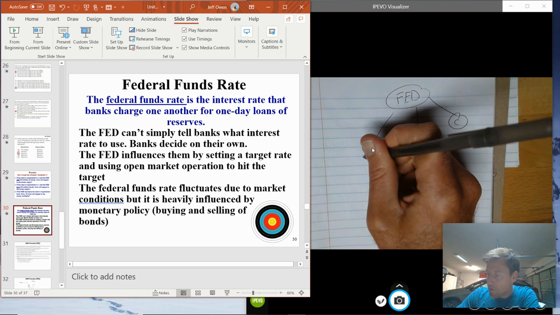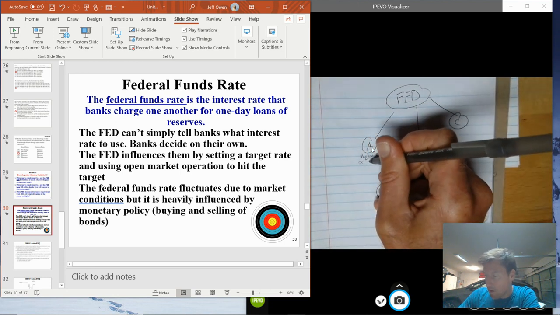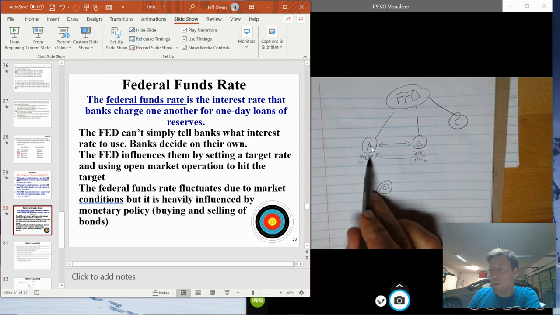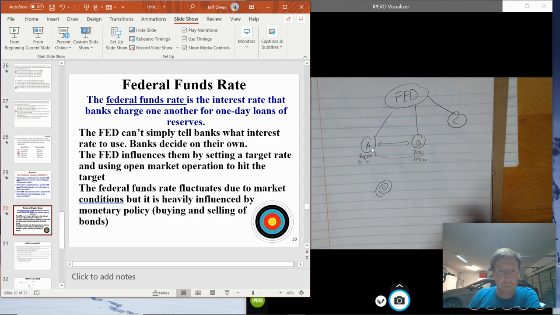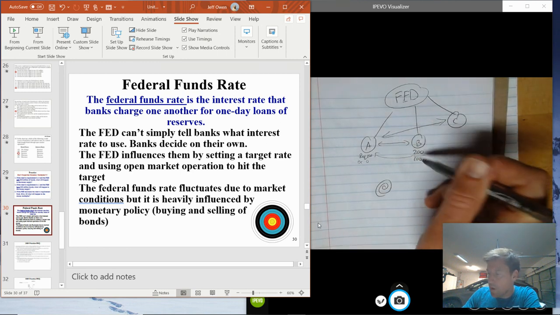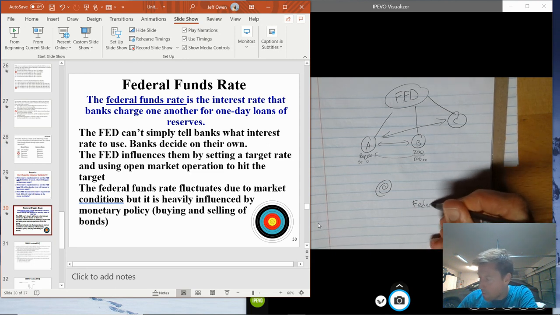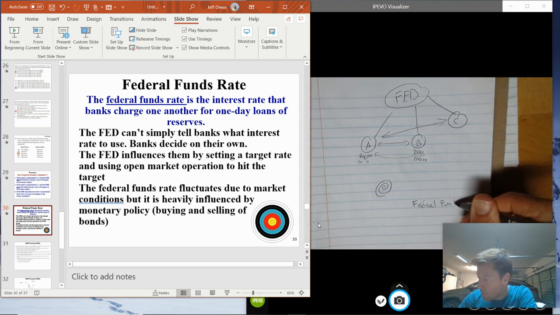These guys now have the required reserves they need. They still have zero excess, but they have the required reserves they need, so they're not going to get hit by that fee. They call this the federal funds rate. So whenever banks borrow from each other, they call that the federal funds rate.